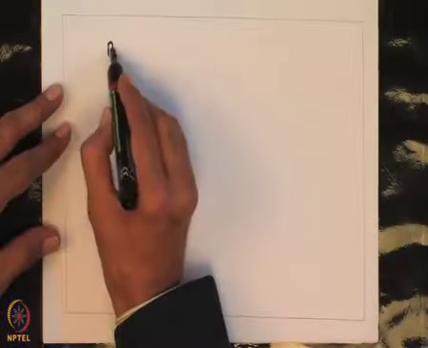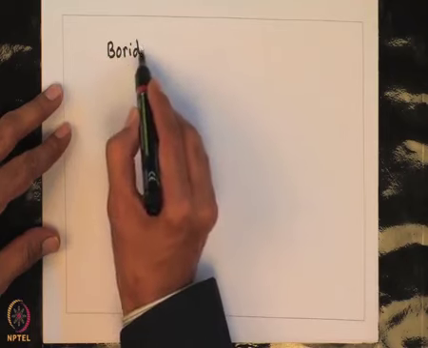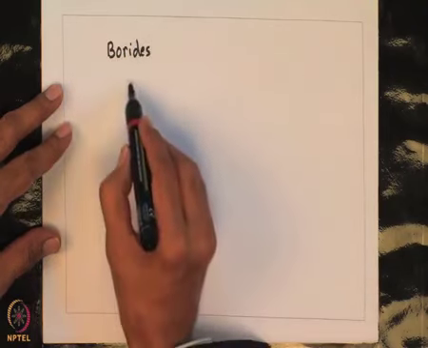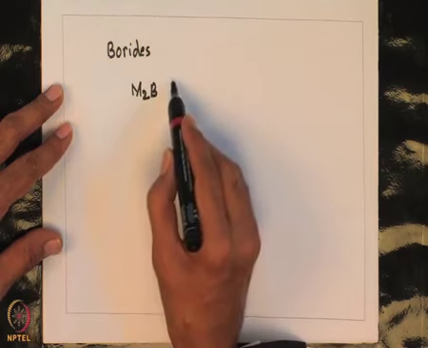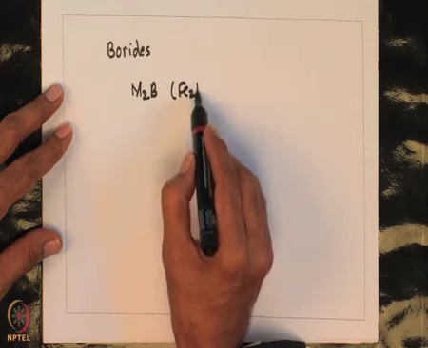The structures of these borides depend on the metal to boron ratio and contain either a single boron atom, or a pair of boron atoms, or a chain of boron atoms, or double chains, or sheets, or even clusters of boron atoms. For example, compounds with composition M2B, these are all borides, for example Fe2B.